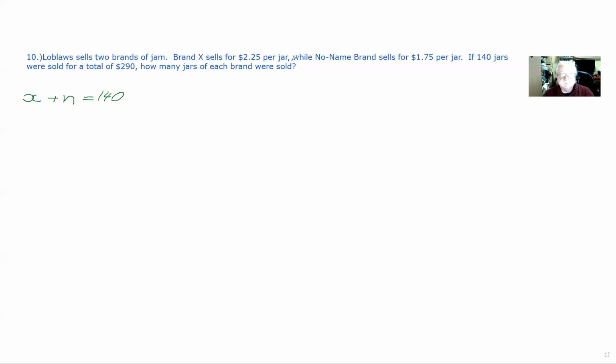Fairly straightforward. It's in the standard form, no fractions, no decimals. It's this next piece of information. Brand X sells for $2.25 a jar, so 2.25 times brand X, and No Name sells for $1.75.